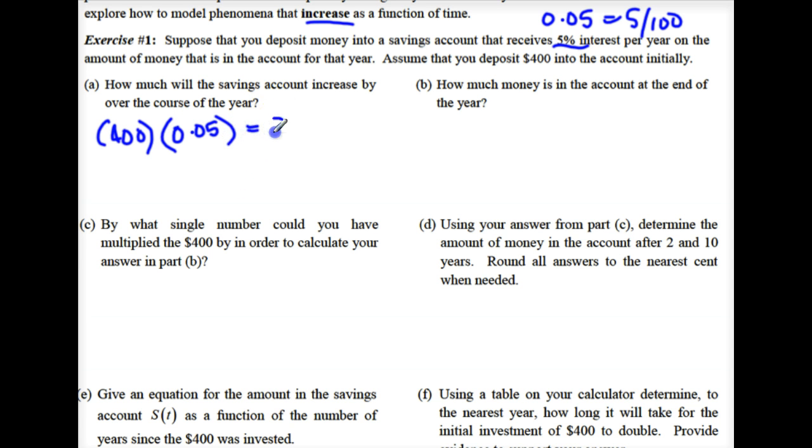This is actually $20 you're getting in a year. So if you put $400 in your account over 1 year, you will get $20. Then it says how much money will you have at the end of the year. So you will have the 400 that you started plus that $20 interest. So your grand total at year 1 is going to be $420.